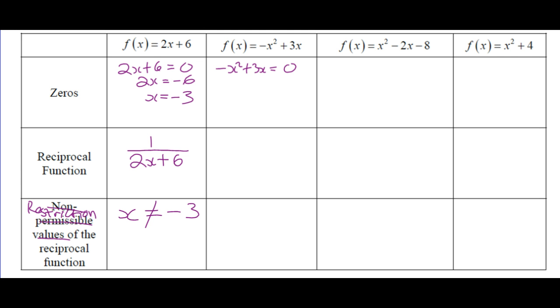I don't like negatives, not leading negatives, right? So we could write this, x squared minus 3x is equal to 0. Multiply both sides by -1, right? You could also factor out a -1. x bracket x minus 3 is equal to 0. So the zeros are 0 and 3.